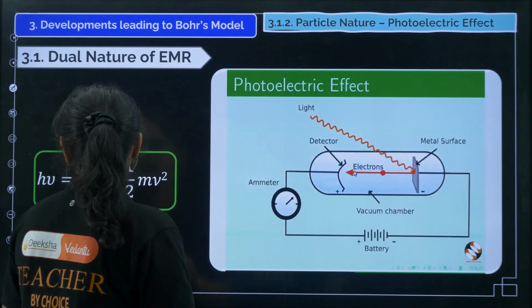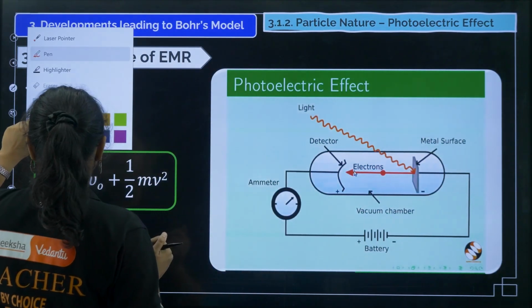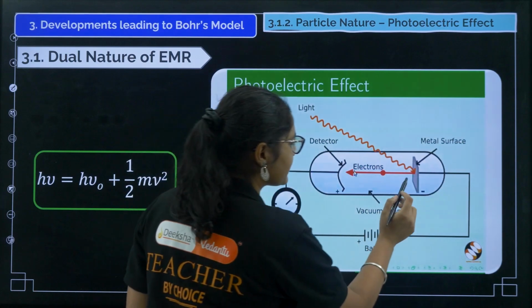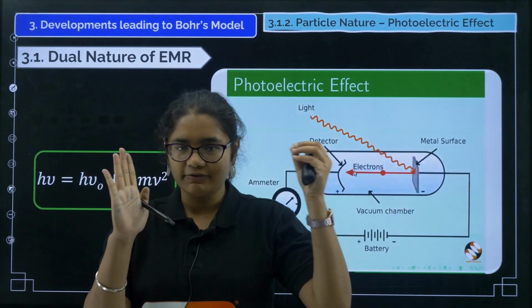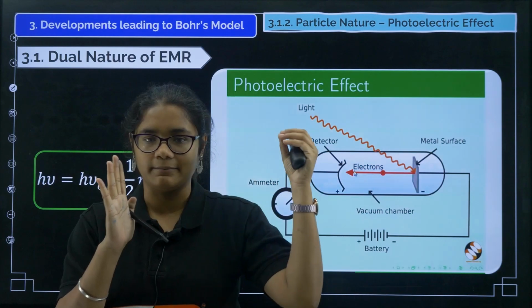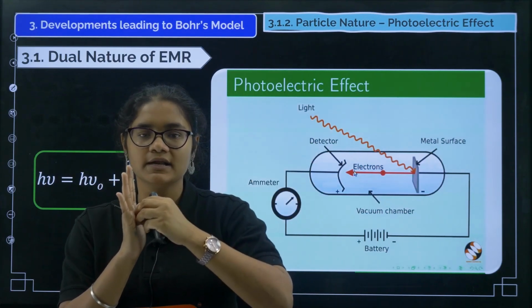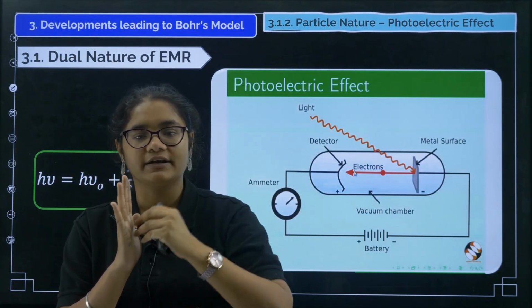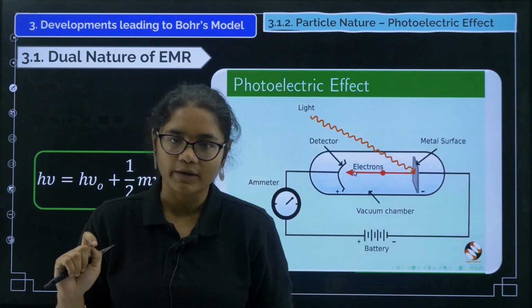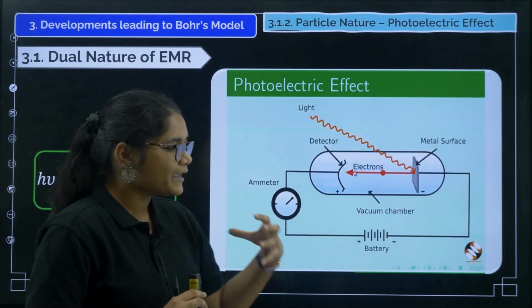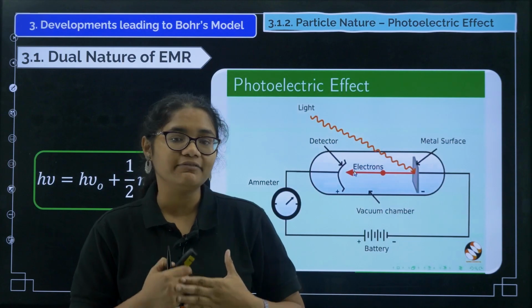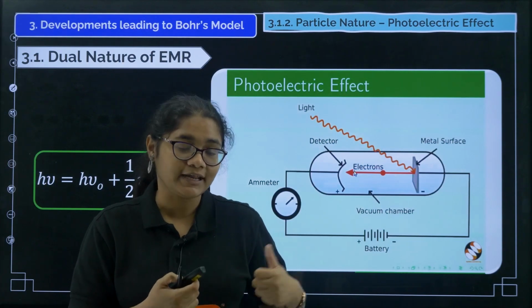That if any light is there, you can see this is a metal sheet, and if any radiation falls on it, then electrons can be ejected out from this metal. Clear?